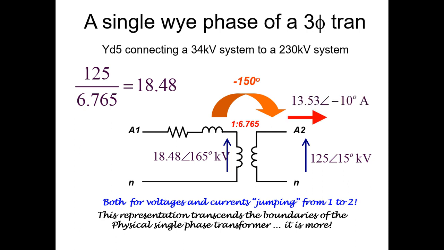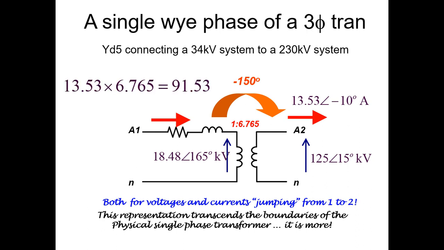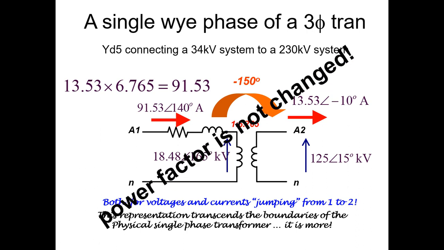What about currents? If the current here is known to be 13.5 amps with negative 10 degrees, the current on the primary side would be 6.7 times bigger, 91 amps, but with a phase that is also 150 degrees more. This is done so that the power factor is not changed.